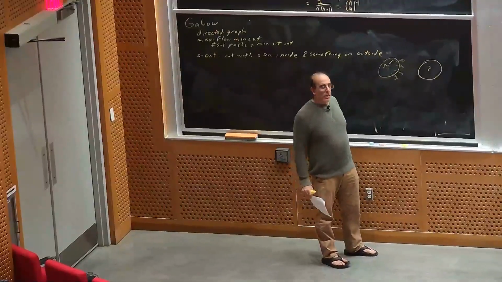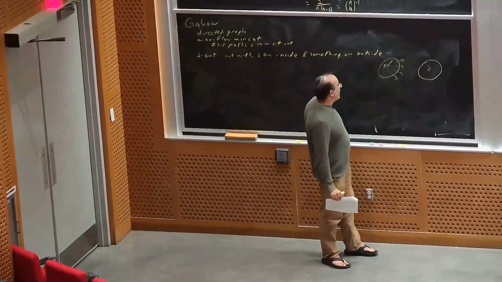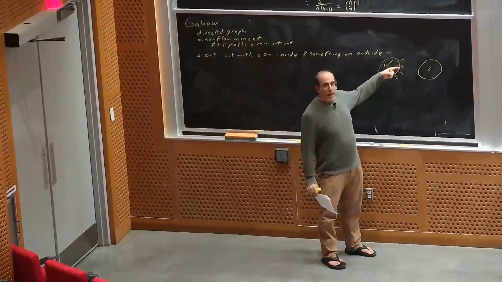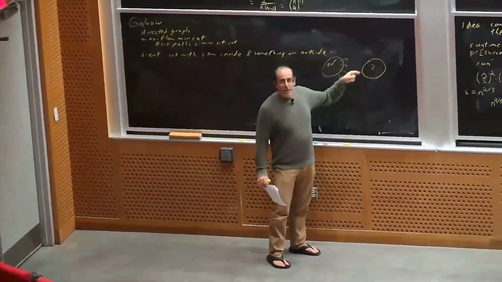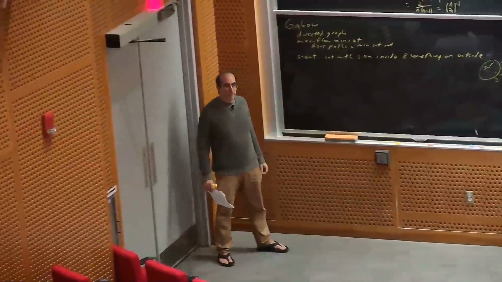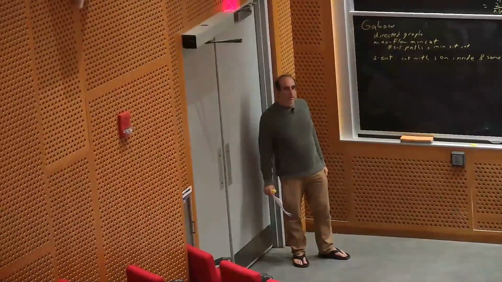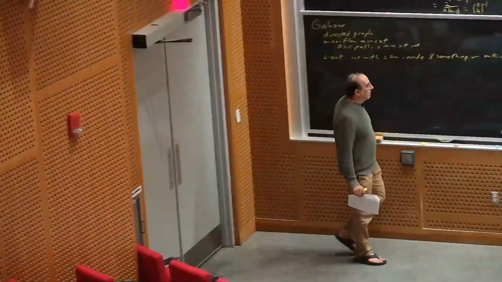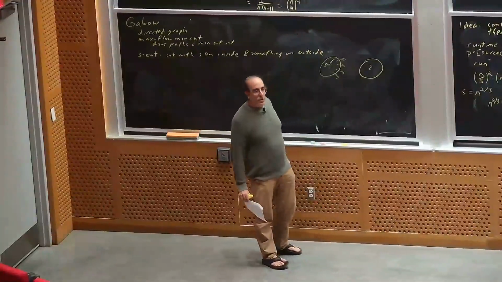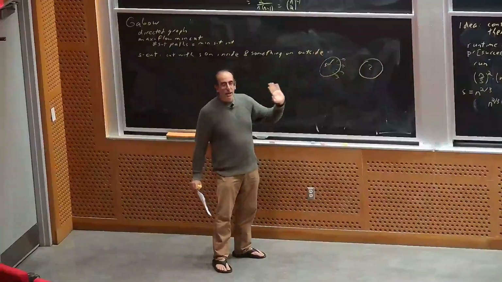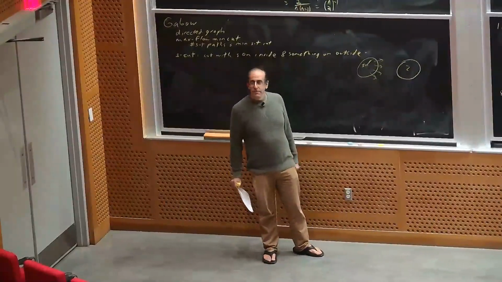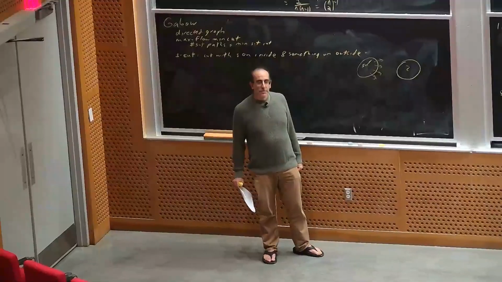So the question is, is there something other than a path that would guarantee that we use up at least one edge crossing the S cut? What set of edges would you need to take to be sure that you're taking at least one edge leaving every set that contains S?